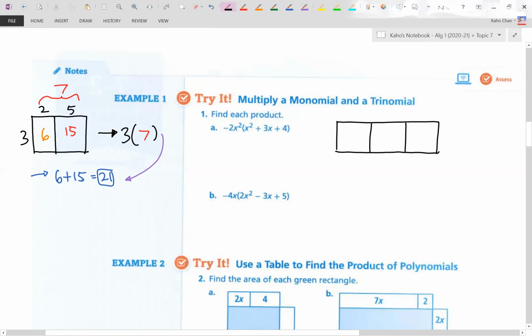Some kids like that. There's my monomial on one side of the rectangle, and then my trinomial up here. And you can literally multiply. You can do it with the distributive property, and that's what we're going to do here. We're applying the distributive property.